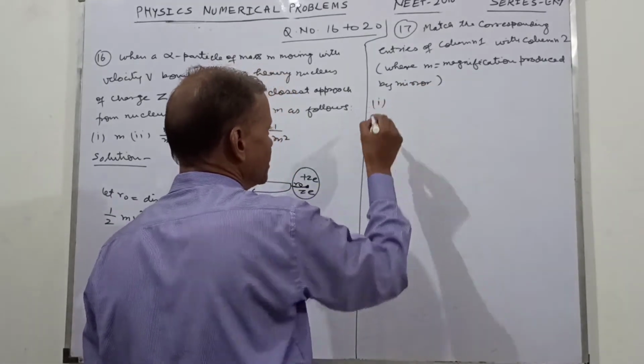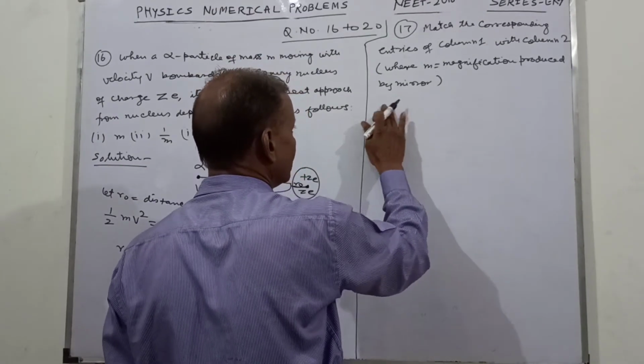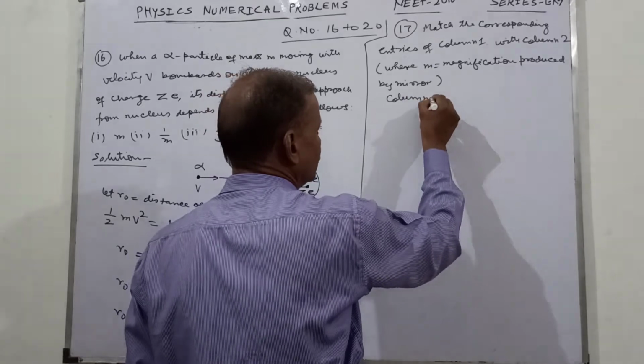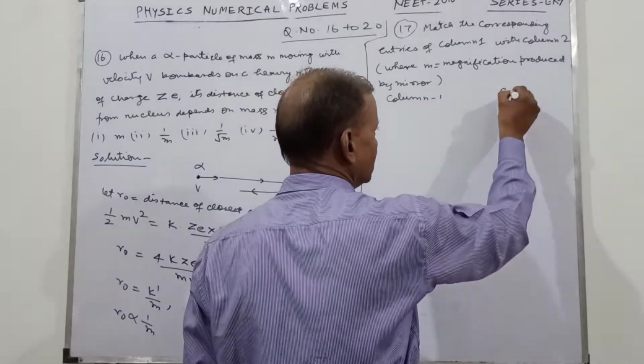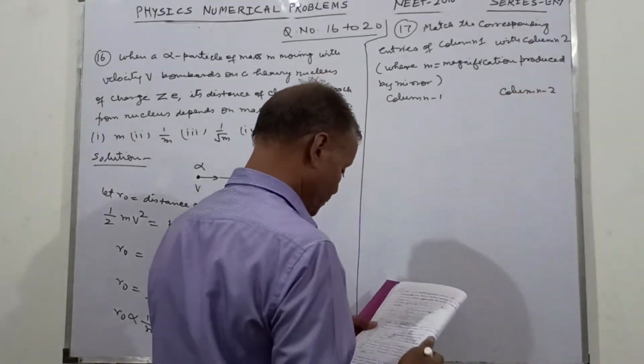So now options are given here. This is column 1, and this is now column 2.